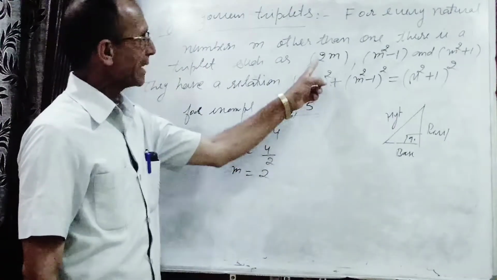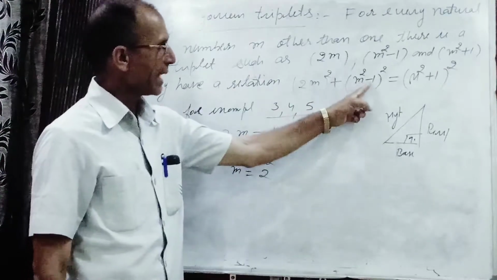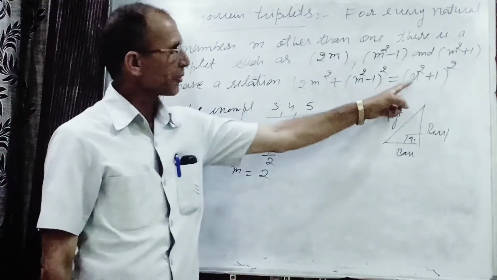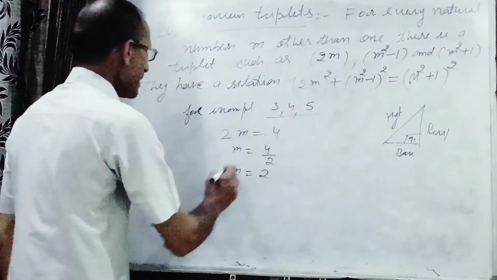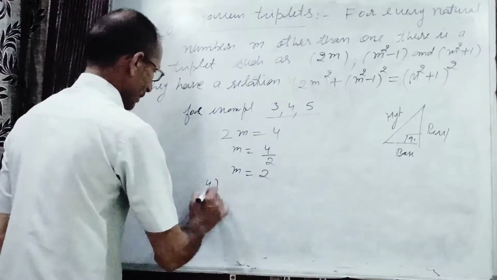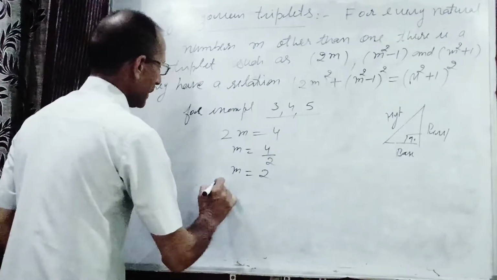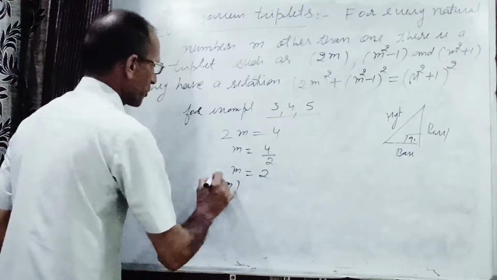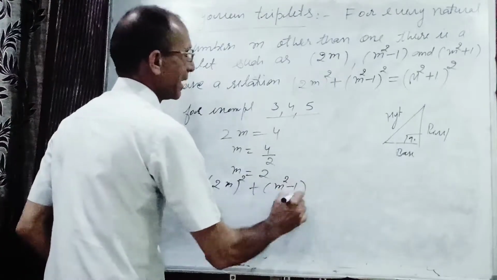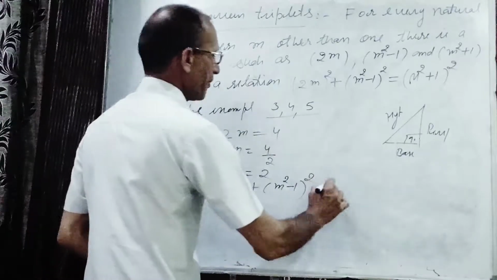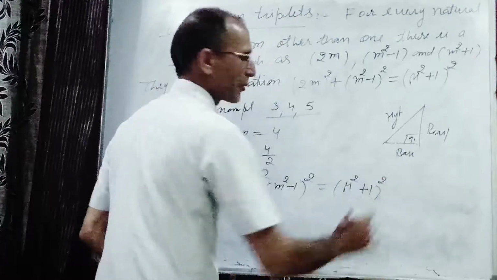So for Pythagorean triplets, the rule is (2m) square plus (m square minus 1) whole square is equal to (m square plus 1) whole square.